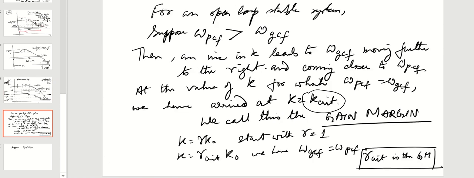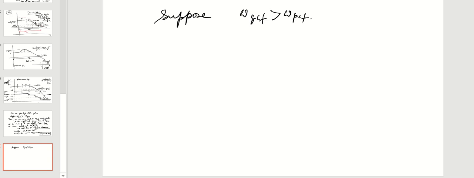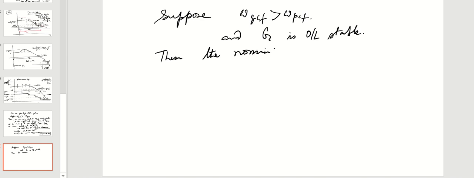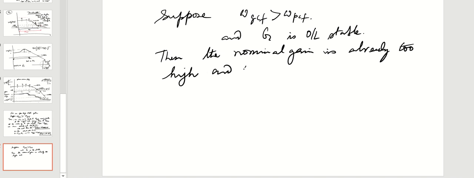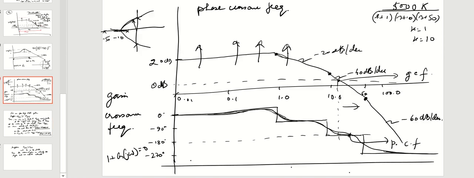Okay, so in that case, if G is open loop stable, then the nominal gain is already too high and we need to attenuate, which is to say that you need to bring it down like this.